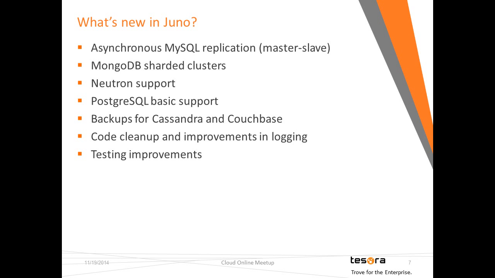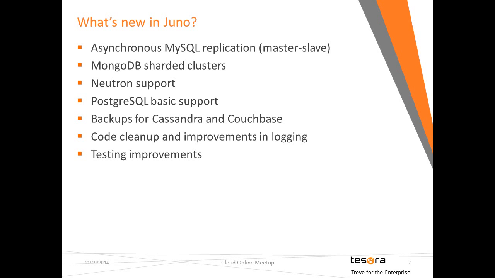So Juno, which just came out in Paris, supports a whole bunch of new features. We extended on the capabilities which were available in Icehouse by adding asynchronous replication or semi-synchronous replication for MySQL, primarily master-slave replication, for those of you who are familiar with that terminology. This is code which we at Tesora contributed to the open source community.